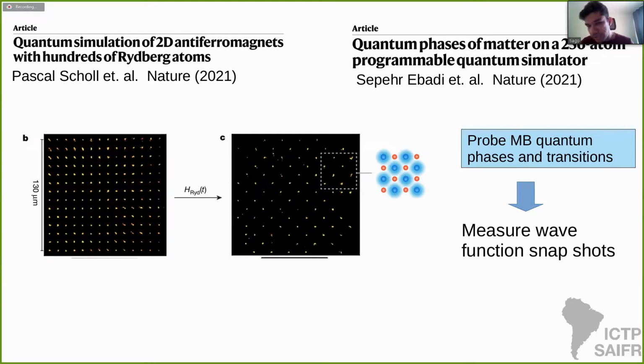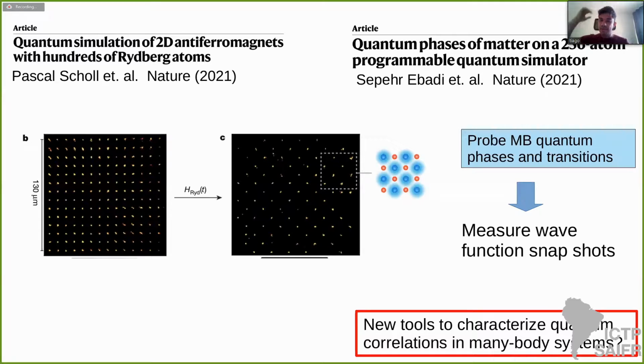The work that I want to discuss now, the basic motivation of the work, is to try to design new tools to characterize quantum correlations, correlations that we also talk about in classical many-body systems, using machine learning techniques and concepts.